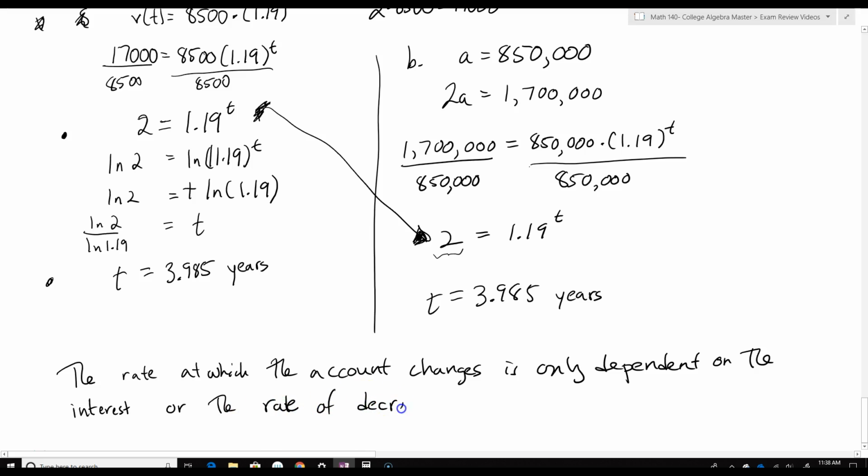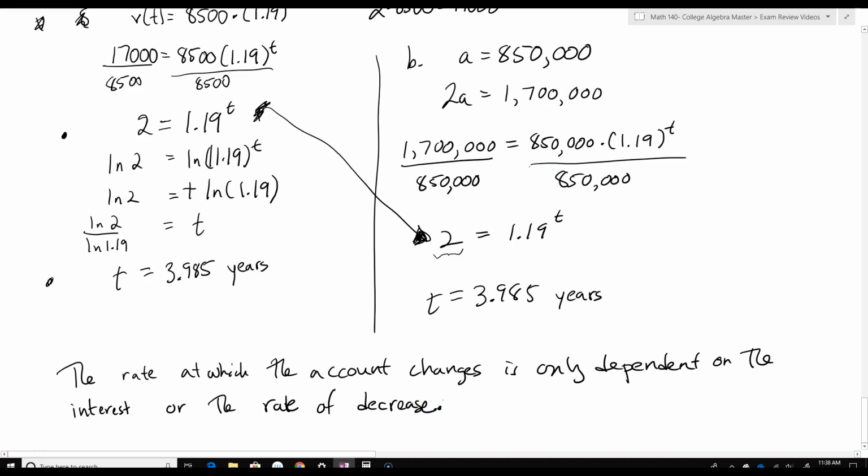Kind of a handy thing to know. We don't actually need those principal amounts. All we need to know is how fast is it decreasing, how fast is it increasing. Like how long does it take to double, how long does it take to cut in half, and then that'll allow us to figure out what its rate is. And then we can actually develop our model.